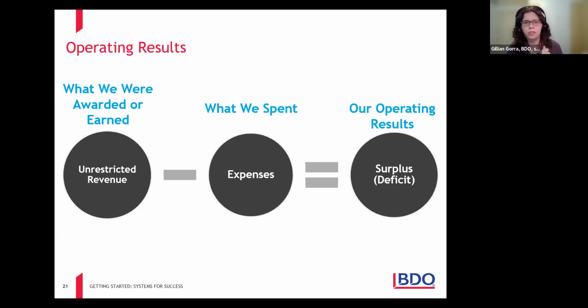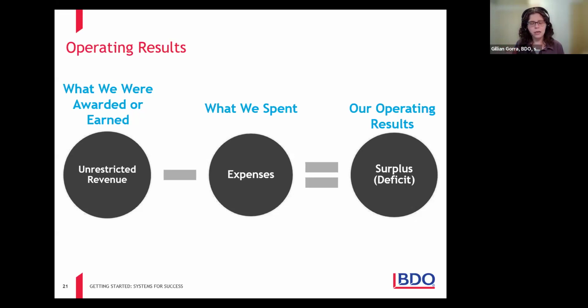Our operating results are actually our unrestricted revenue minus expenses. So if you are now or will be in the future an organization that gets multi-year restricted funding, which, don't get me wrong, would be great. If a foundation or a funder comes to you and says, we want to pay for this thing for the next 3 years, great, but you have to account for that in a particular way.